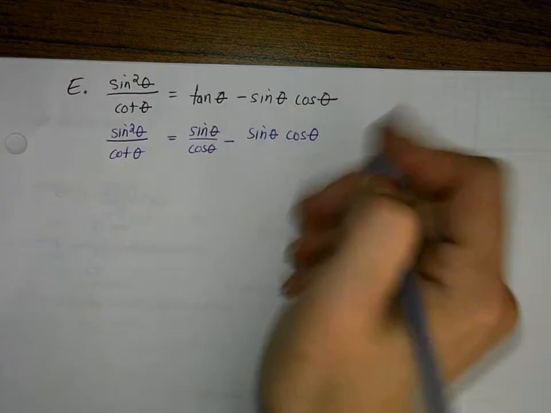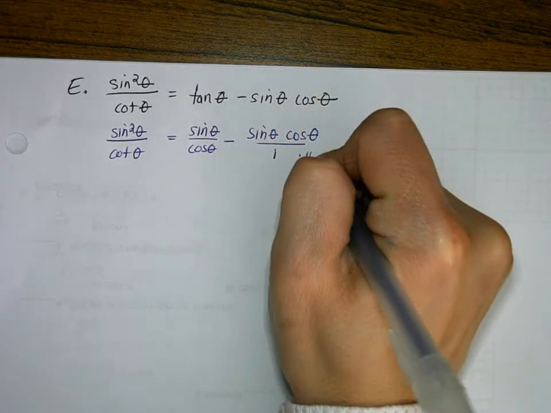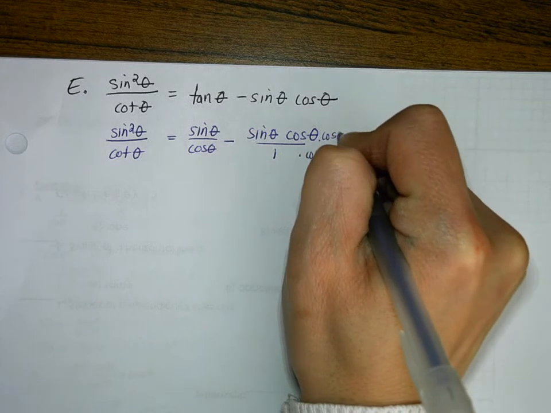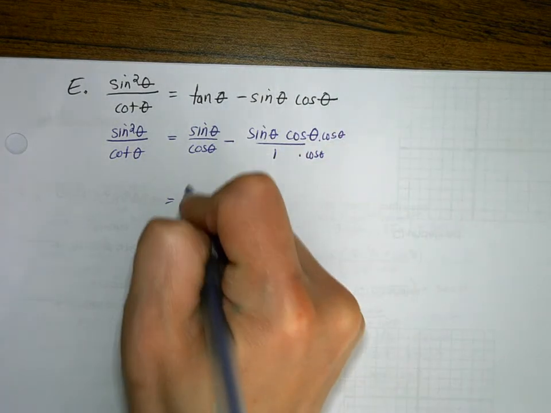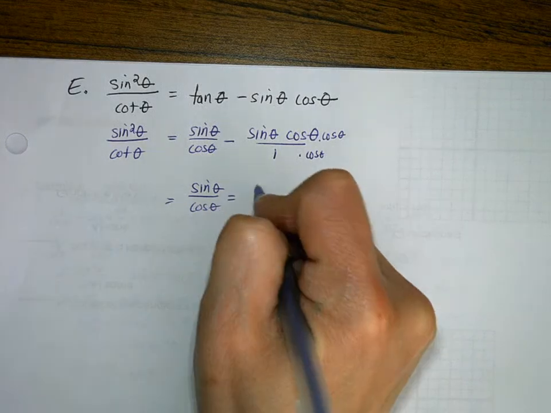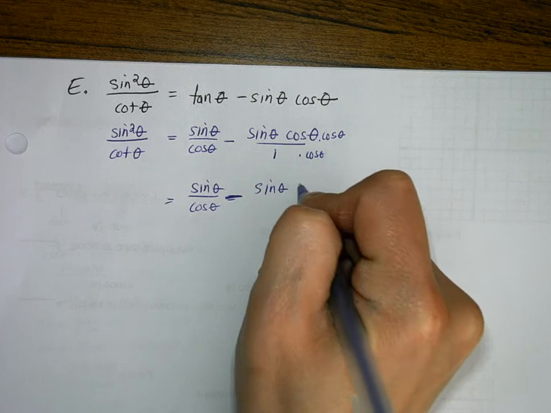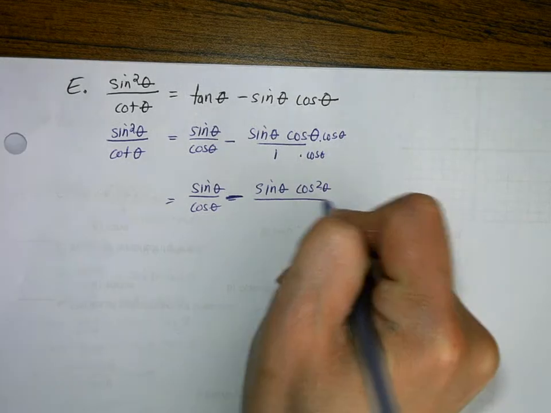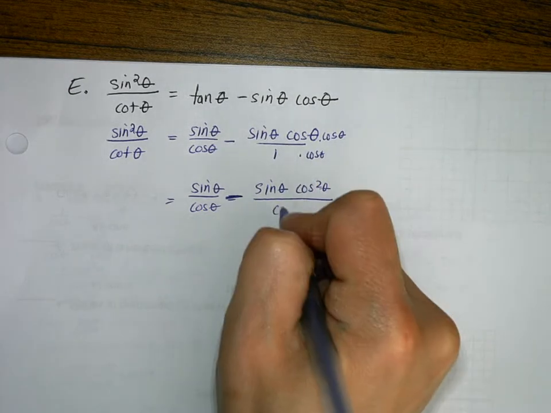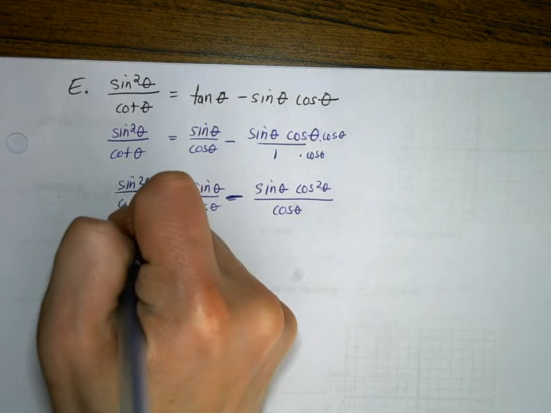Cosine of theta. All right, so this is right now over 1, which means that I'm going to multiply my numerator and my denominator by the cosine of theta. All right, so sine of theta over cosine of theta is equal to, subtract sine cosine times cosine is going to be cosine squared, all over cosine, is equal to my left side, which is sine squared of theta over cotangent of theta.